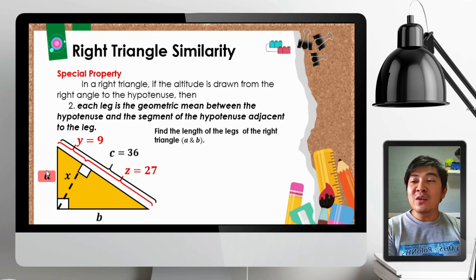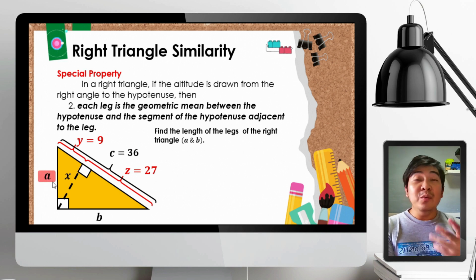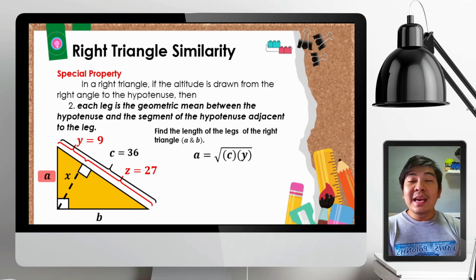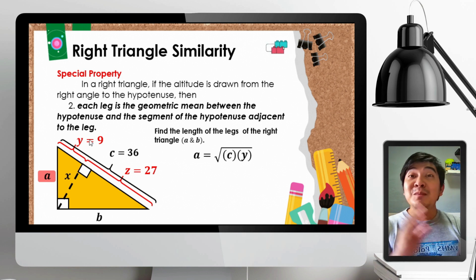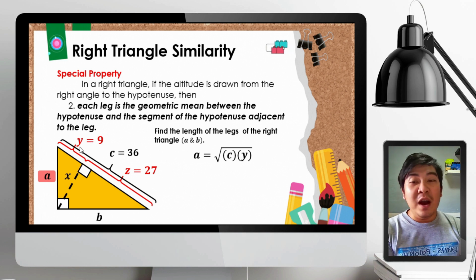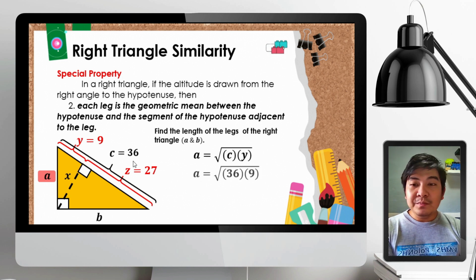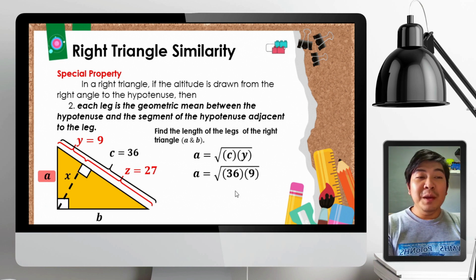And then, let us now get the value of A. How are we going to get the value of A? A is just equal to the square root of the hypotenuse, which is C, times the segment na mas malapit sa kanya, which is y. And then, let us now substitute the given lengths. So that will be A is equal to the square root of 36 times 9. So there is another way para hindi na tayo mag-multiply ng larger numbers.